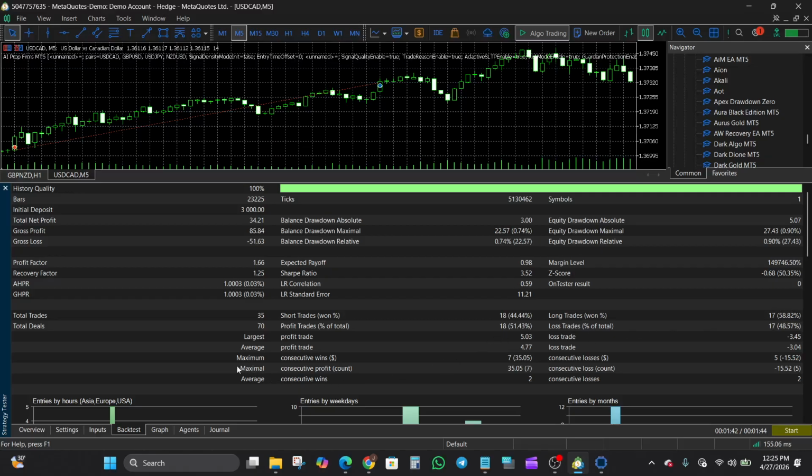And we can also see that the largest profit trade was just about $5, and the largest losing trade was just about $3.45, and the average profit trade was just $4.77, and the average losing trade was about $3. So this tells me that the risk to reward ratio is not perfect, but not too bad either.